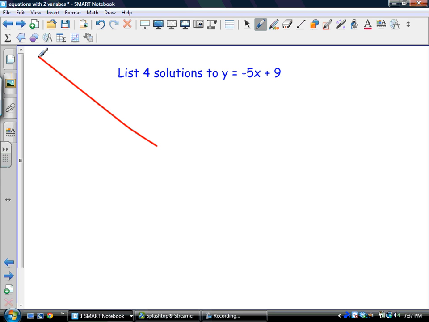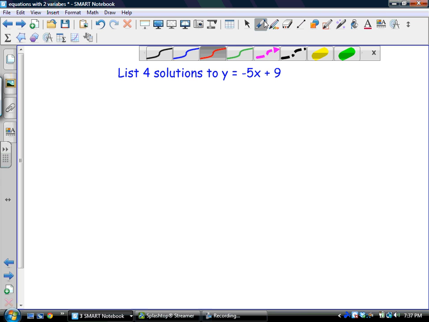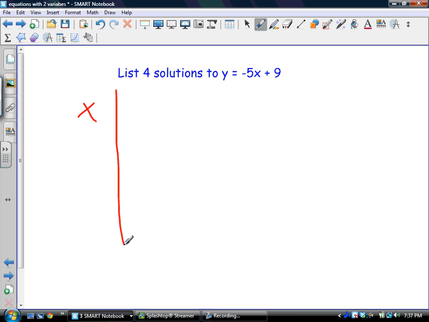So to get 4 solutions, I'm going to set up a table of values, just like we did yesterday. So I'll have a column for x's, then I have negative 5x plus 9, and then I have my column for y.